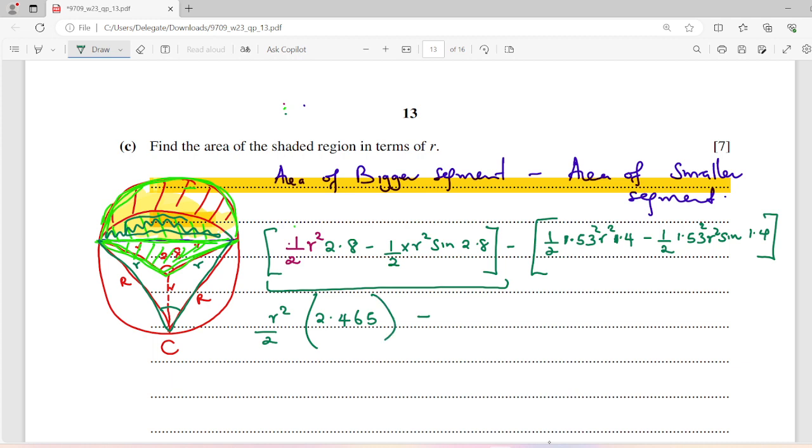I can pull out 1.53 squared r squared over 2, and I say with 1.4 minus sine 1.4. Make sure your calculator is in radians, and you will have 0.4146.